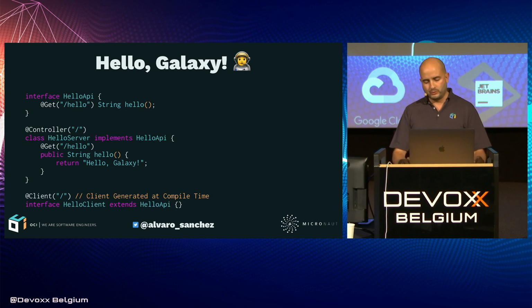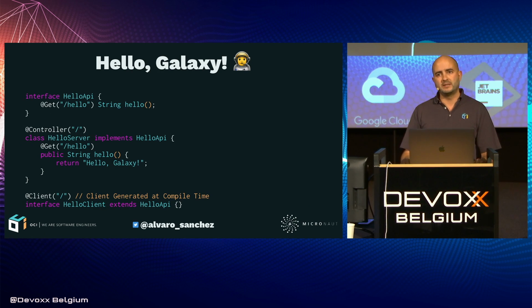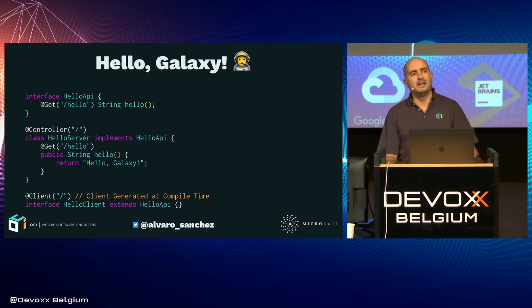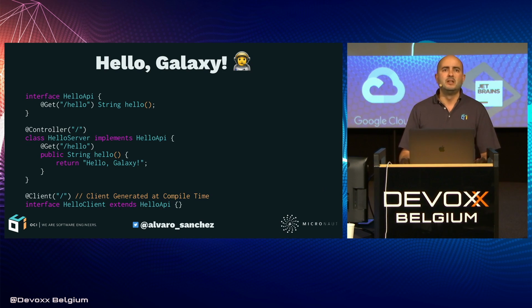Just a hello world for you to get an idea of how it looks. We have a hello API interface. We have a controller. So one of the things we've tried to do is to embrace the programming model which is already existing in Spring and Grails. So the existing concepts like controller actions and things like that, they remain in Micronaut.